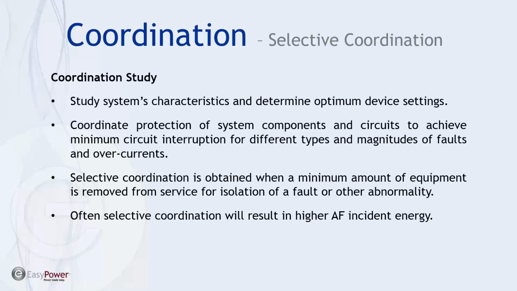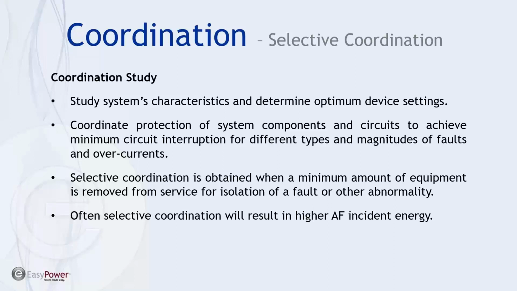Now, when we get to talking about selective coordination, this specifically requires that we slow down devices upstream to allow the downstream protective devices to sense the fault and do their job. And because of that, there can be a conflict of interest, if you will, regarding the coordination aspects of the project.